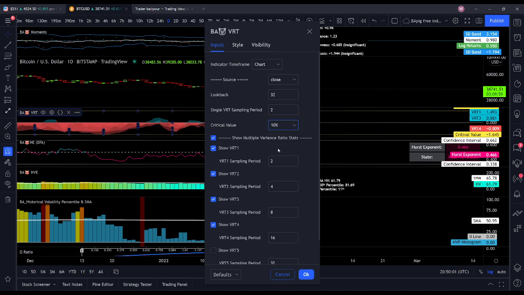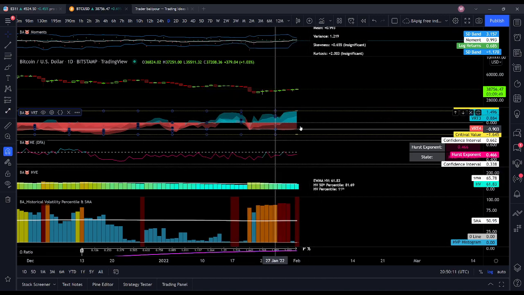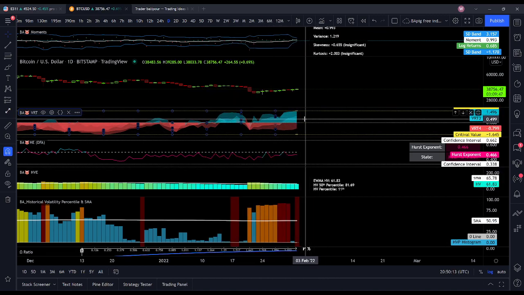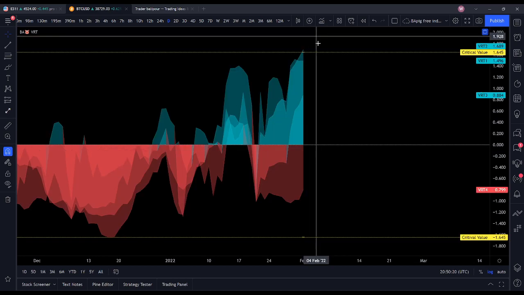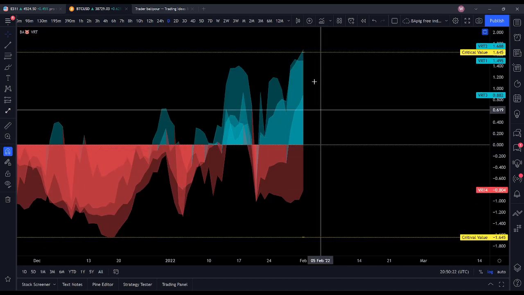If you want a real strict critical value, then you can put it at 1%, so only 1% of value should be here. So this is really something significant. And if you want to have it more lax, 10% of value, or 90% of value, should be in between these two lines.